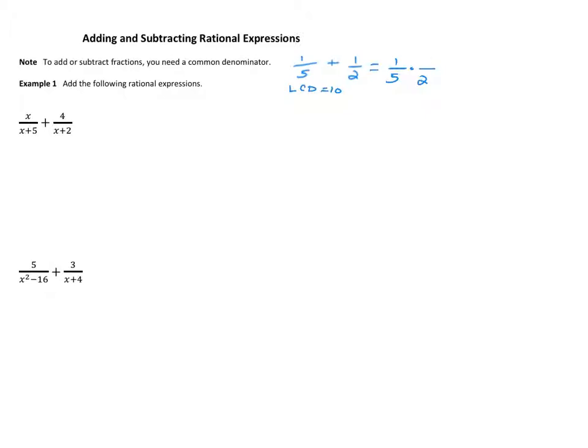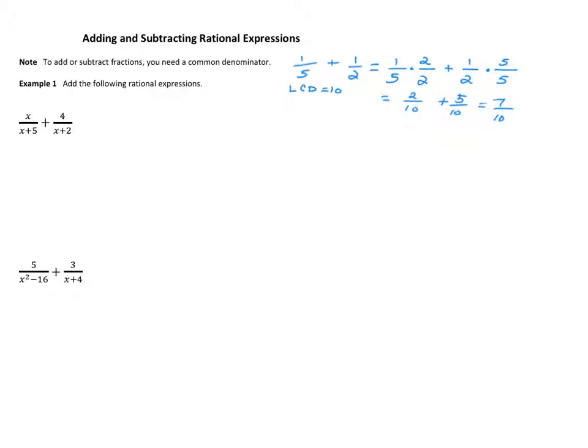But I also have to do that to the numerator as well. For the second fraction, which is a half, the factor that is missing is a 5, so I'm going to multiply it in, but I want to make sure I do the same thing to the top as well. So if I were to complete this problem, it's really 2/10 plus 5/10, and the answer is 7/10.